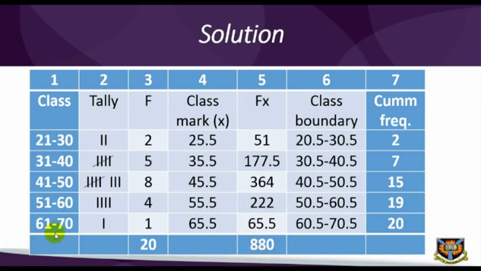Class 61 to 70, tally 1, frequency 1, class mark x 65.5, fx 65.5, class boundary 60.5 to 70.5, cumulative frequency 20. Total frequency 20, summation of fx 880.